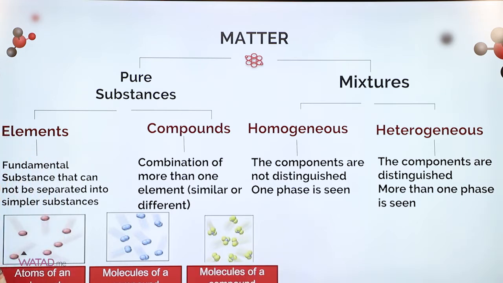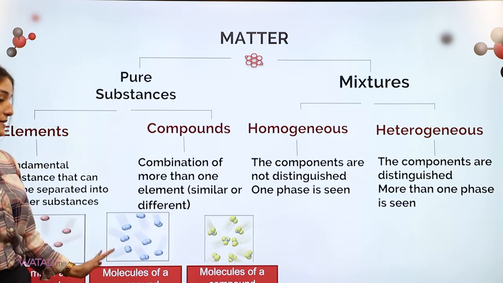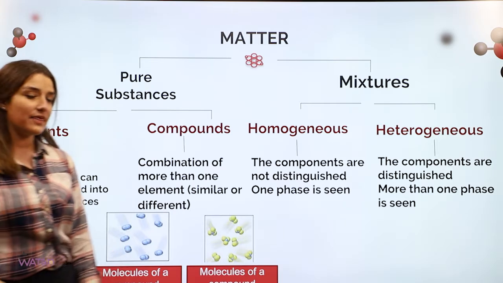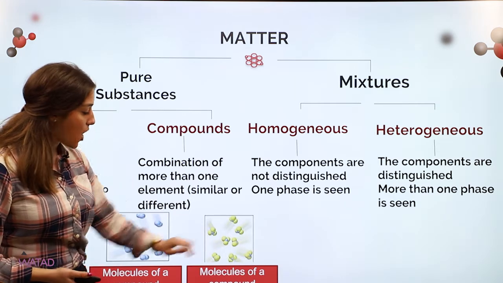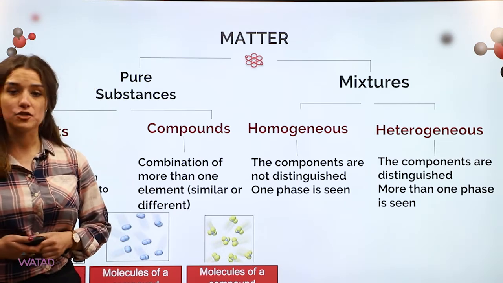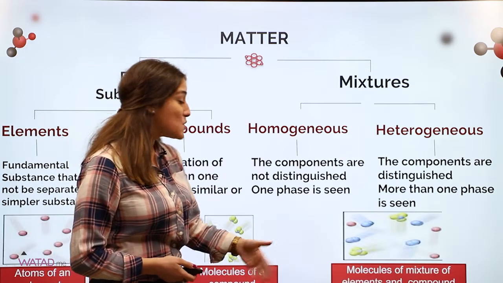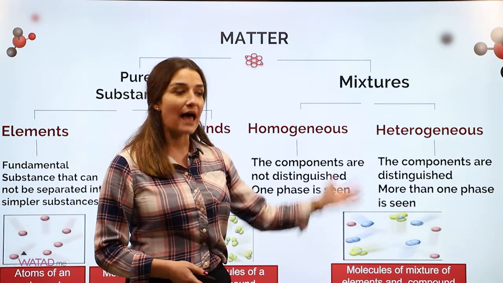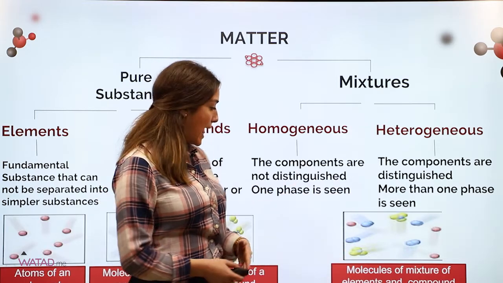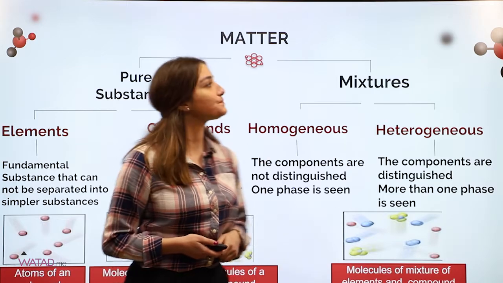These molecules can be made up of atoms of a similar type, as you see here, or they can be molecules of different types of atoms, which are seen in this particular picture. When it comes to mixtures, we can see that we have several types of molecules and elements mixed together, and they are making this mixture at a molecular level.